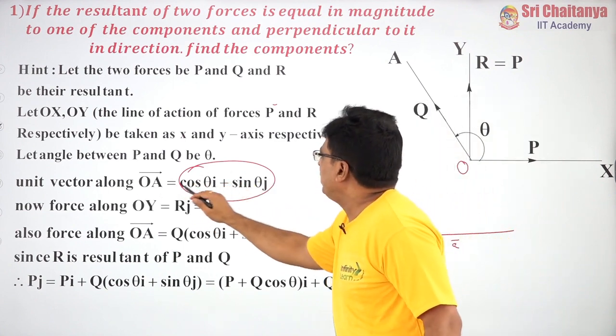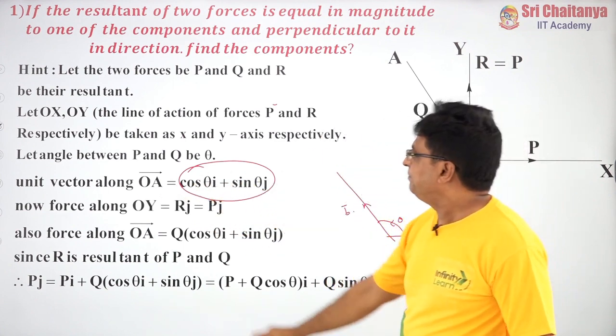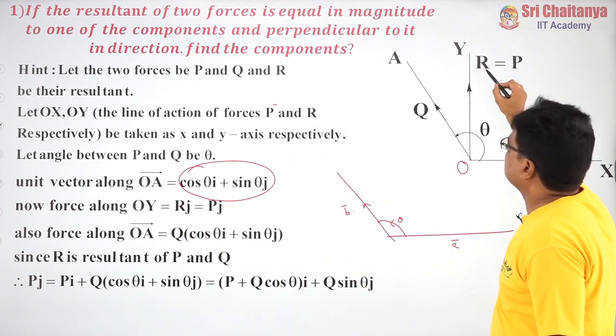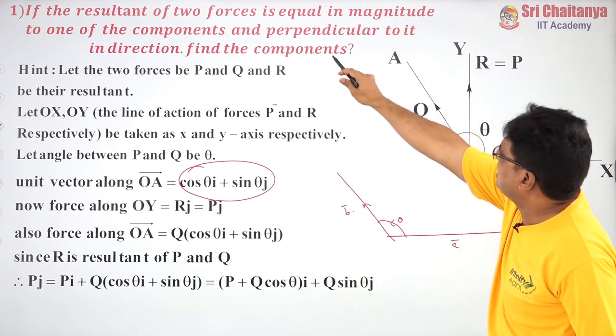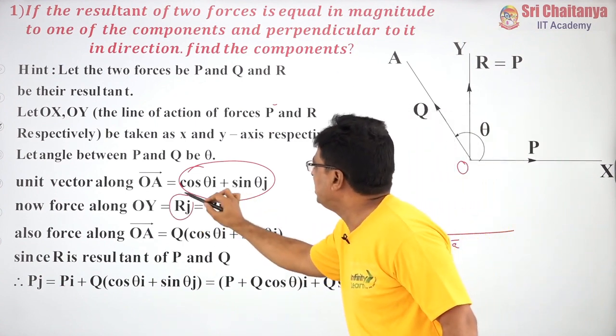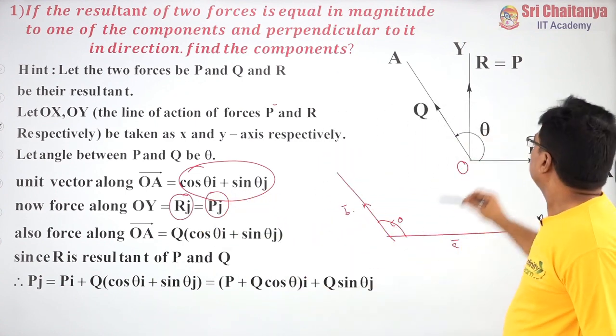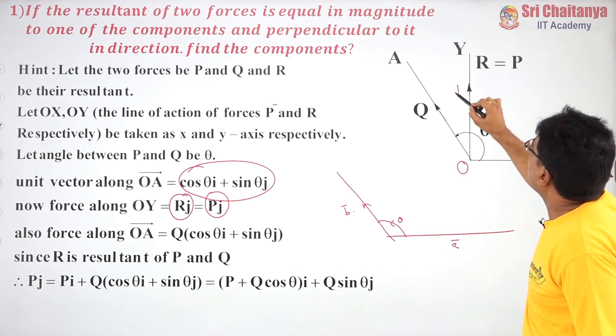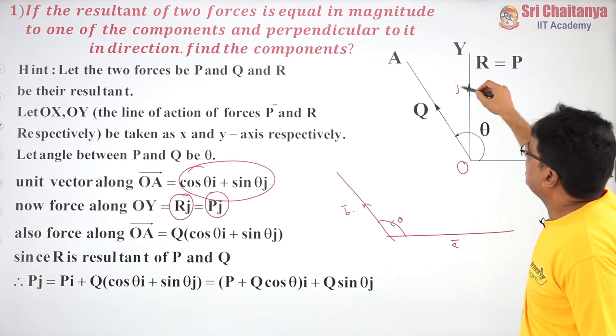So the unit vector along OA bar is cos theta i plus sin theta j, and now the force along OY bar is, since R is equal to P, because that is given, therefore Rj is equal to Pj, because magnitudes are same, and the unit vector along y axis is j.